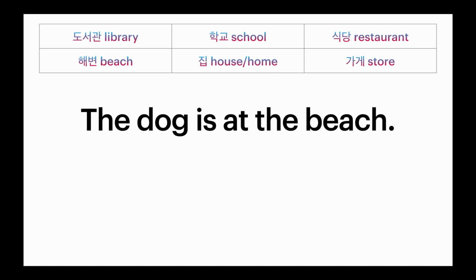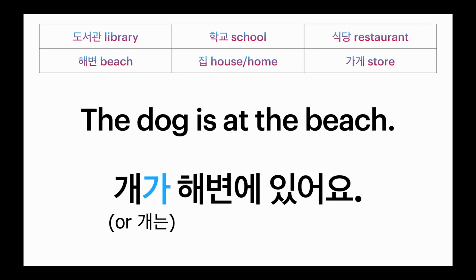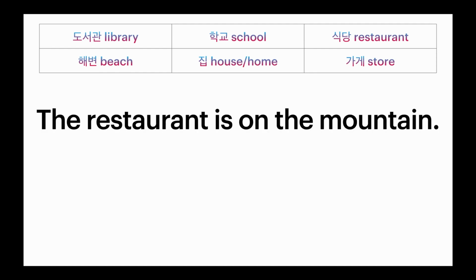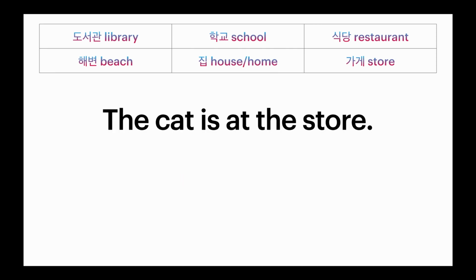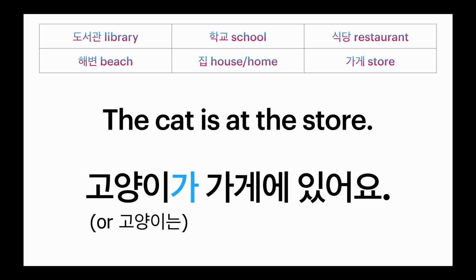The dog is at the beach. 개가 해변에 있어요. The restaurant is on the mountain. 식당이 산에 있어요. The cat is at the store. 고양이가 가게에 있어요.